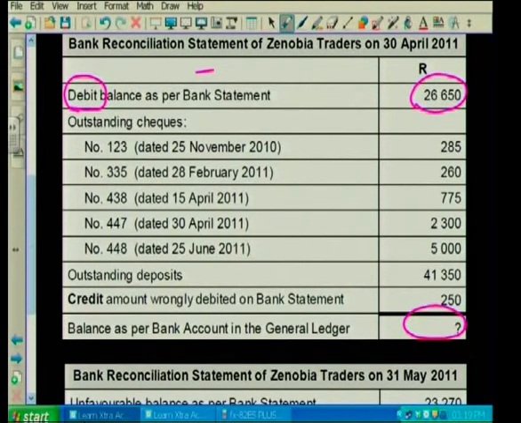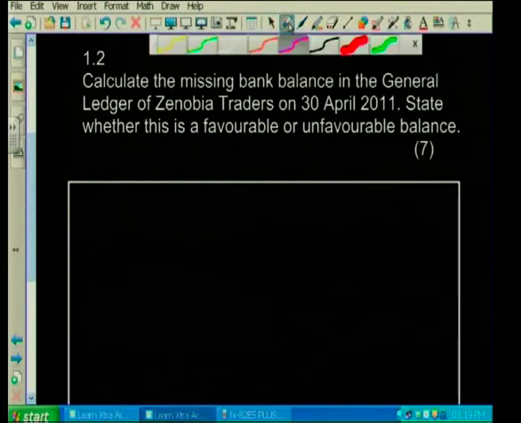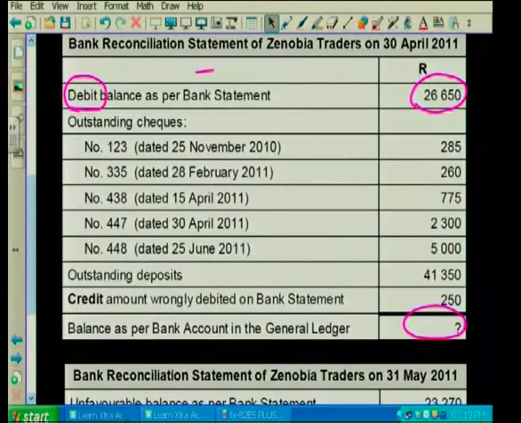Debit balance as per bank statement, 26,650. So immediately I say 26,650. That one is dealt with. Next one, all of these are outstanding checks. All of these are my outstanding checks. So definitely you know that your outstanding checks are debited.